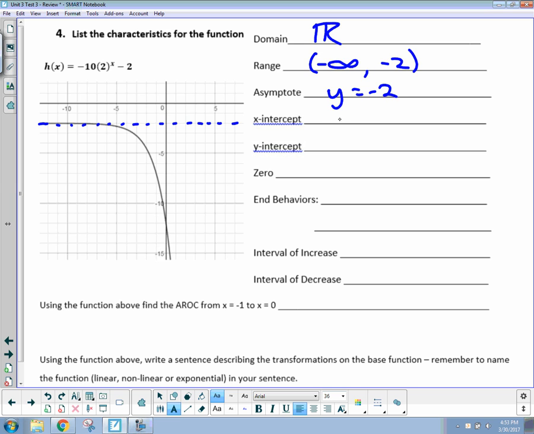Y-intercept will be 0, negative 12. There's no x-intercept, so we have no zeros.